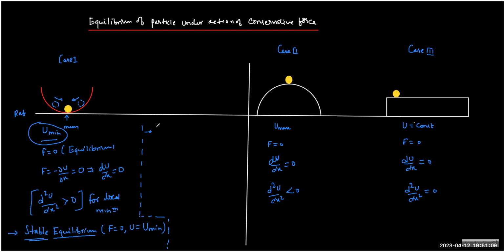In this case, upon displacement from the mean position, the particle will have the tendency to what?